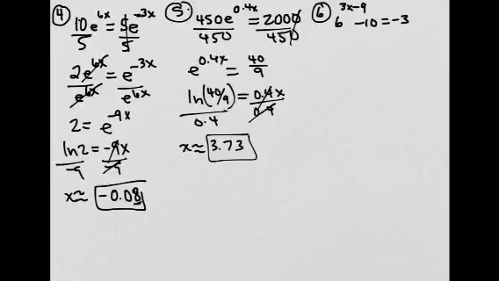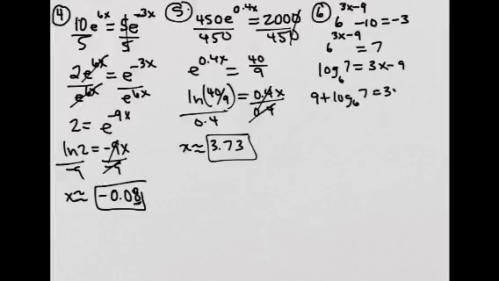Okay, so for this one, they want the exact and the approximate. So we add 10 to both sides. So 10 minus 3, that's 7. Then log base 6 of 7 equals the exponent. So we're going to add 9. And then we're going to divide by 3.